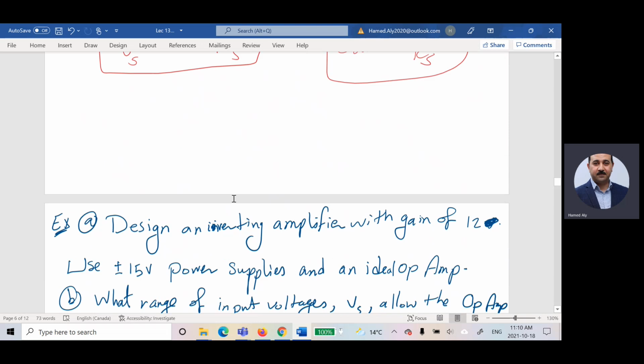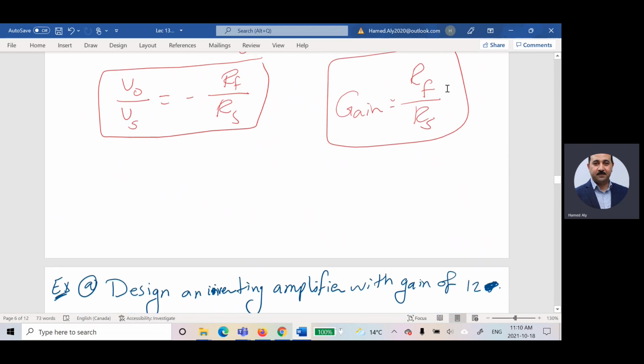Then you plug in one of those, and find the corresponding value for the other one based on the gain being equal to 12. If you find the other value is equal to 2.2 kilo, for example, and you don't have 2.2 kilo in your lab, you will try to find another value for RF.